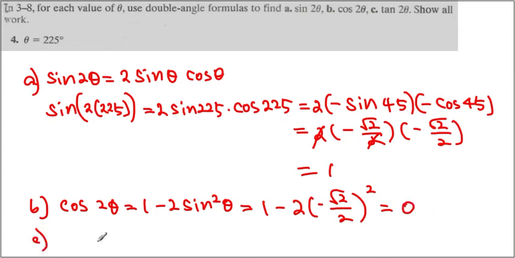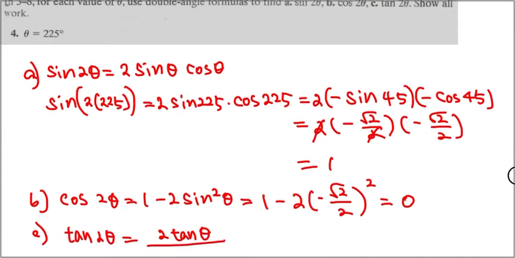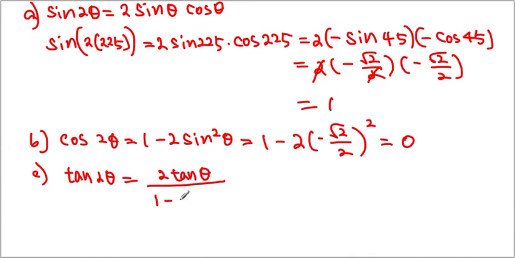Let's look at C for a second. C is the tangent of 2 theta. Tangent of 2 theta, in fact, is equal to 2 tangent theta divided by 1 minus tangent squared theta. That's basically what it is. Now, then we're looking at tangent of 225.